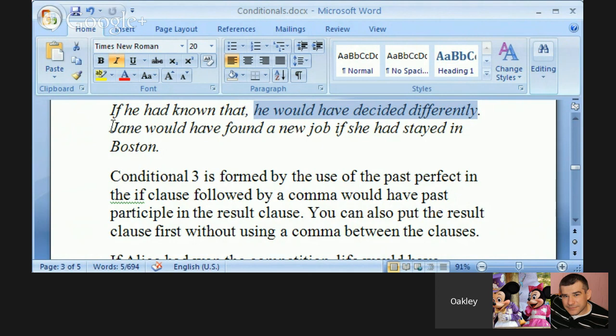All right, so same thing when we reverse it, would have found. Have found, again, with have or has, depending on how we need to conjugate the verb. Well, no, it's always have. What am I saying? I'm sorry. I would have, he would have, getting ahead of myself. They would have. It doesn't matter. So, okay. It always is followed by have and then decided. Again, the past participle.